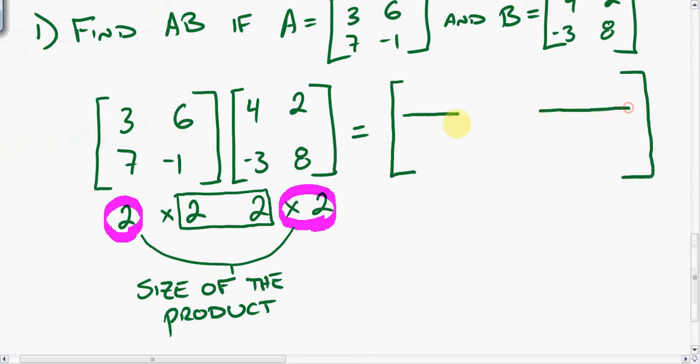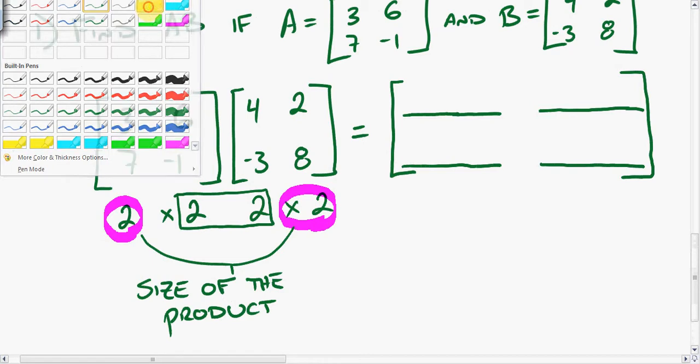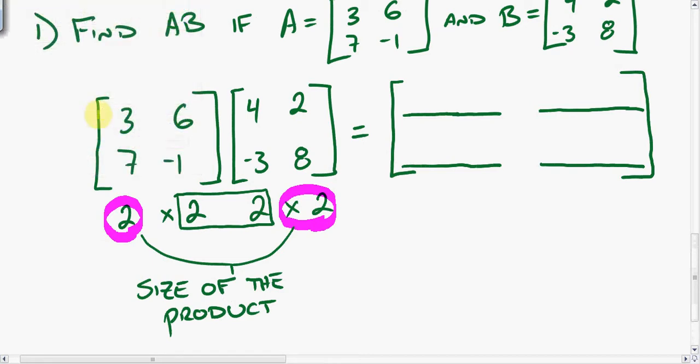We're going to have information that's going to fill each of these spots. I'm interested in this top piece. Where is it? It's in the first row and the first column. So in order to get the product, I need to multiply the first row with the first column.